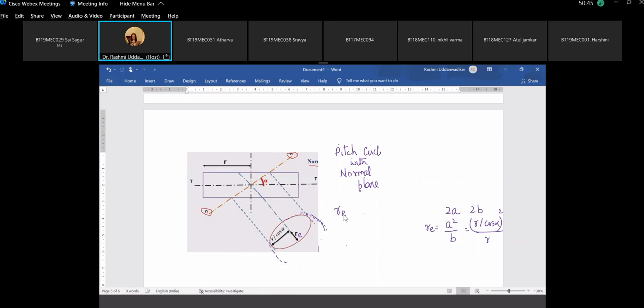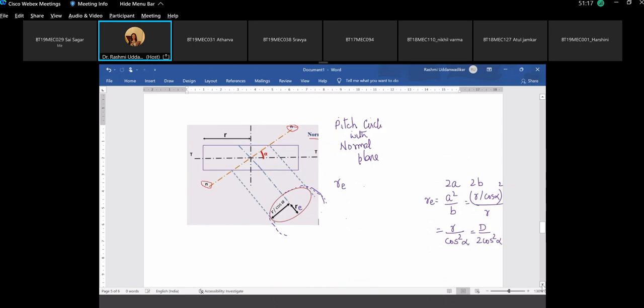So Re is my equivalent radius of the circle which I draw with the ellipse. This comes out to be r upon cos squared alpha, which is written as d by 2 cos squared alpha, if the pitch circle is represented by d. This is that equivalent radius of the circle.